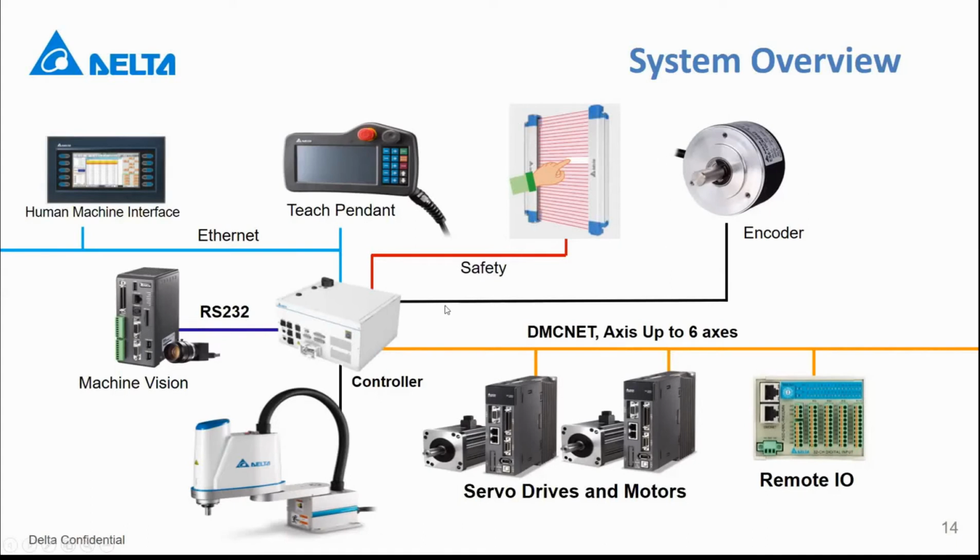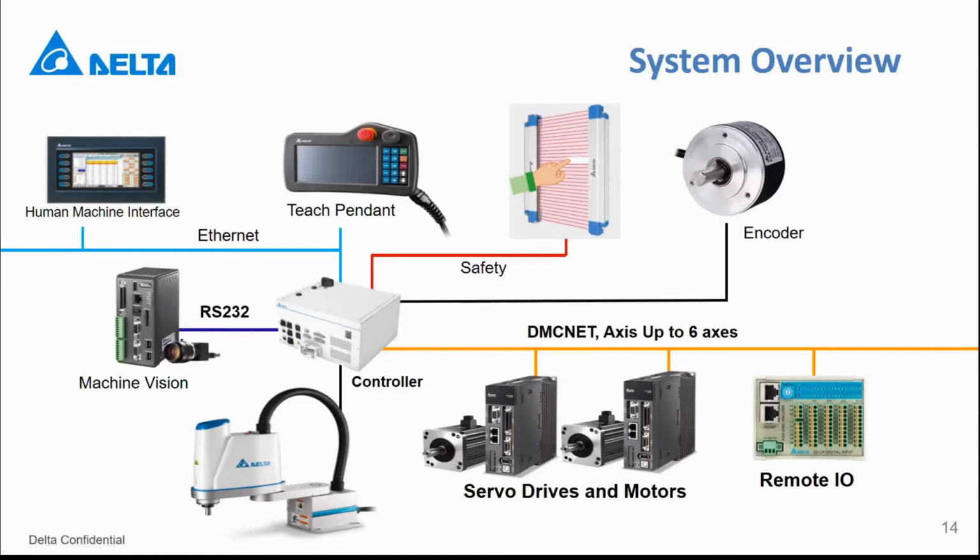And we can also connect to an external encoder, because for some applications like conveyor tracking, the robot system needs to know the speed of the conveyor. Then we need to use the encoder to feed the speed data back to the controller. So we also have the possibility to connect to an external encoder.